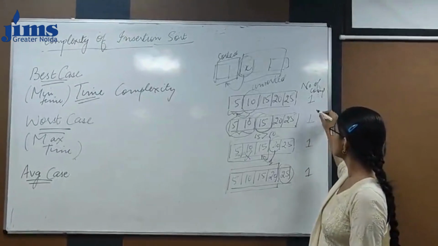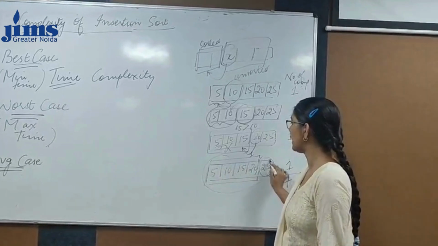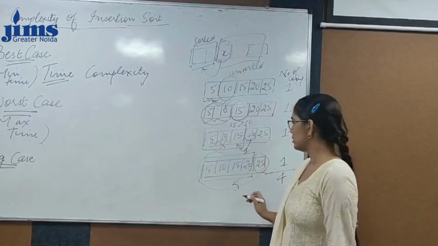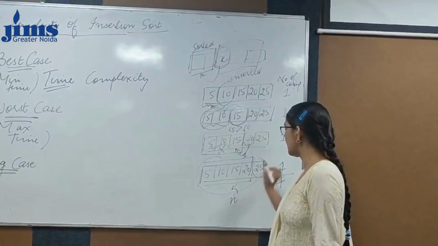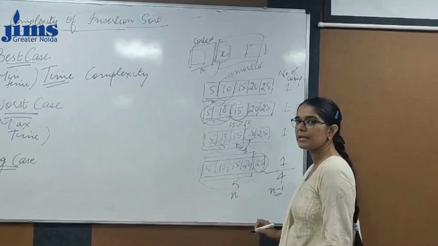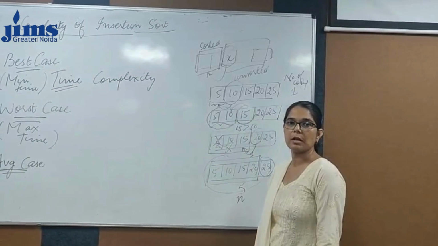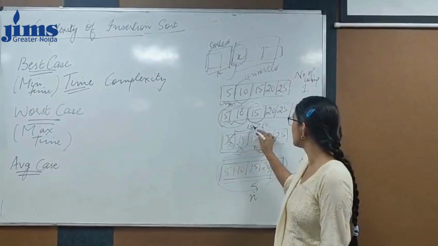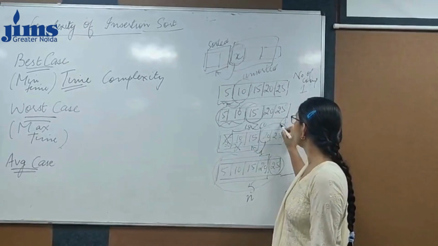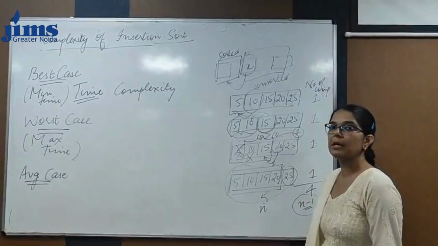So how many comparisons have come into picture? That is 4. What is the size of the array? That is 5. So it means if the array size is n, then the number of comparisons is n minus 1. Why has n minus 1 come into picture? Because for 5, no comparison was there. Only the rest n minus 1 values, each of them encountered a single comparison, making the total number of comparisons n minus 1.